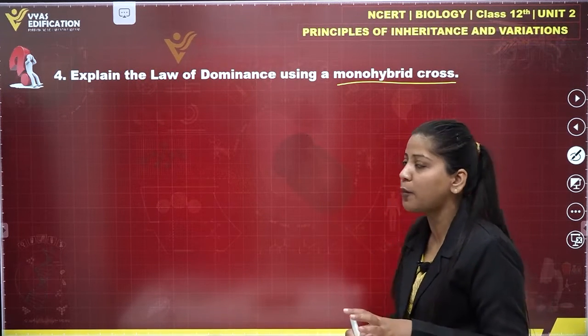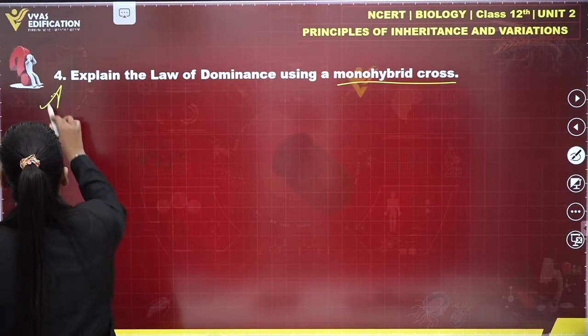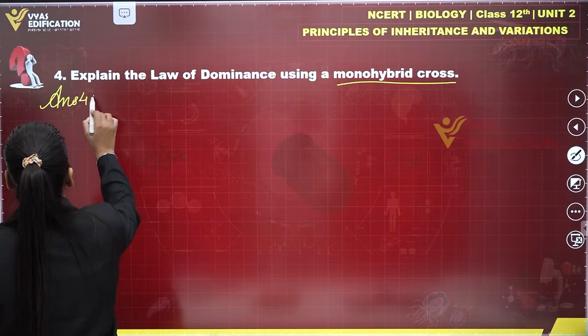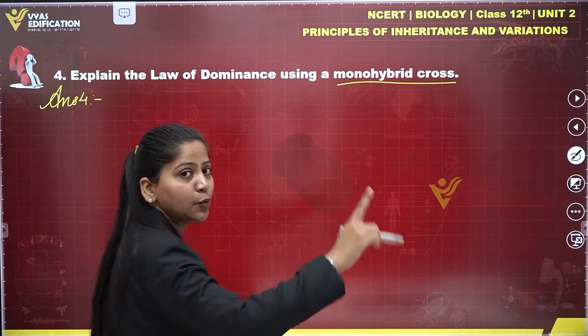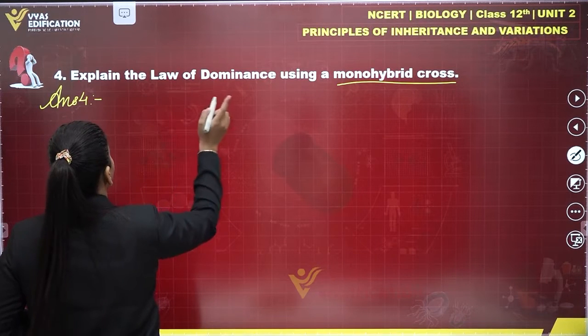So this is the law of dominance with the help of a monohybrid cross. Here we are going to write the law of dominance, and we will also make a monohybrid cross to explain it.